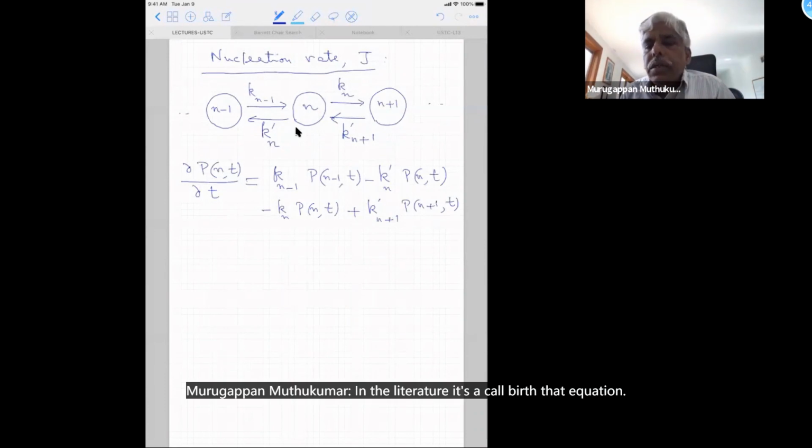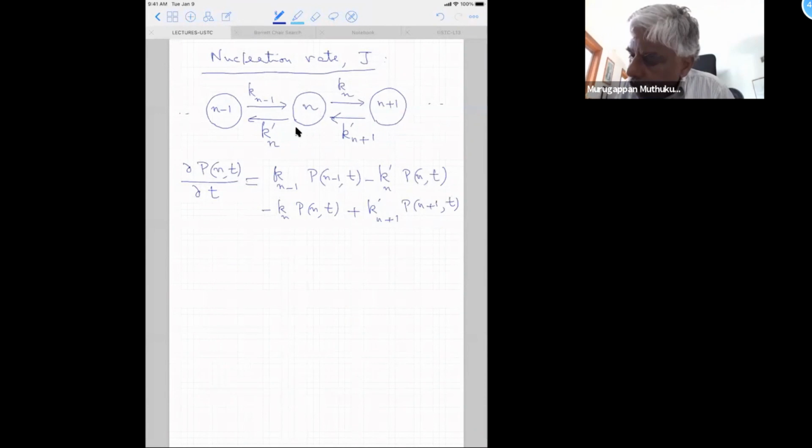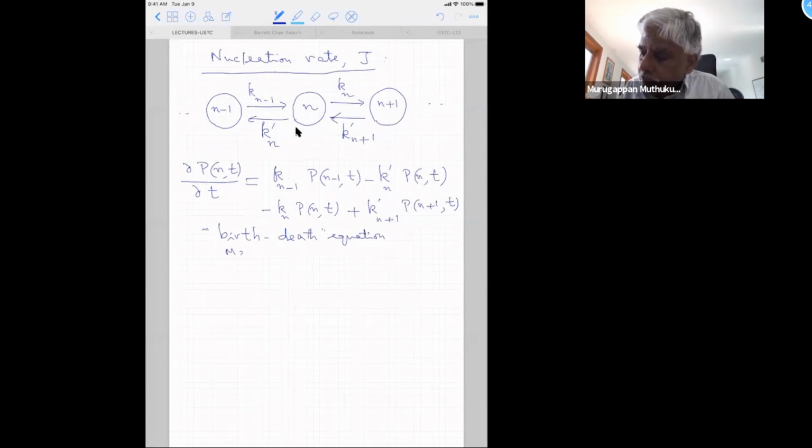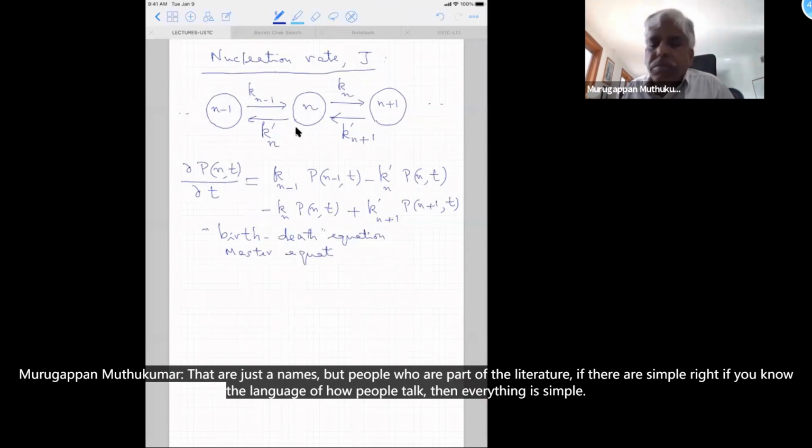In the literature, it's called the birth-death equation. It's also called the master equation. These are all just names. For people who follow the literature, these are all simple.